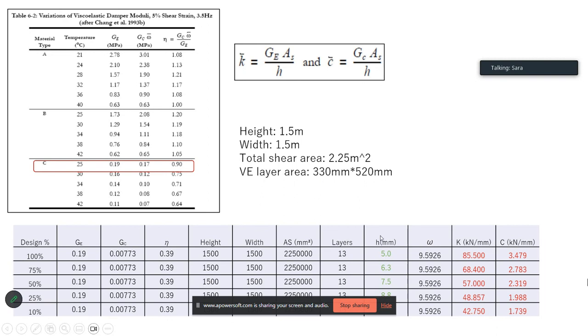H is the thickness of one viscoelastic layer, which was 5 millimeter, and we can find the necessary number of layers in the damper from this formula.